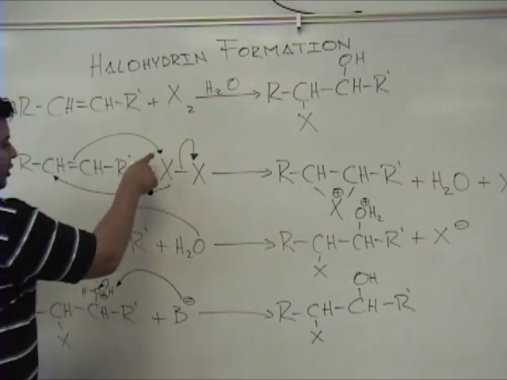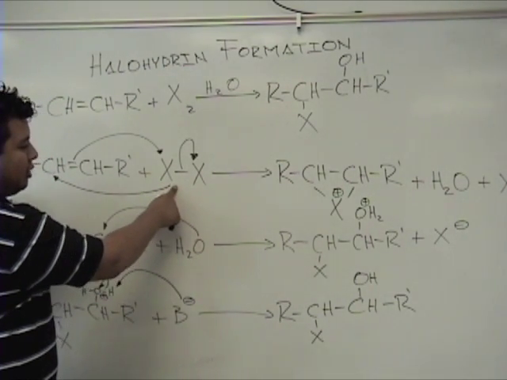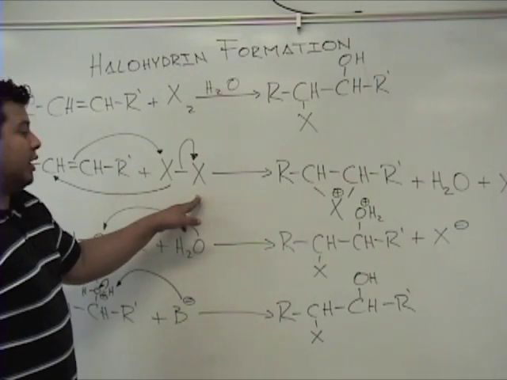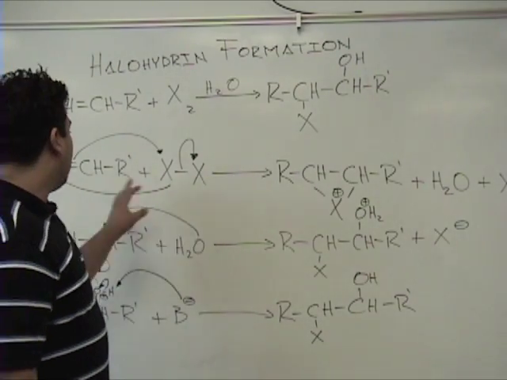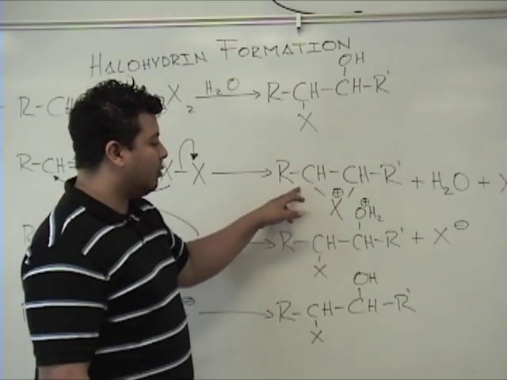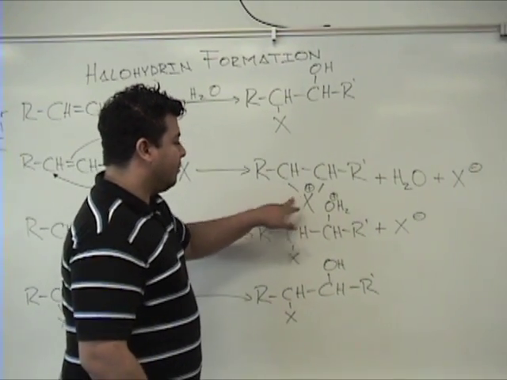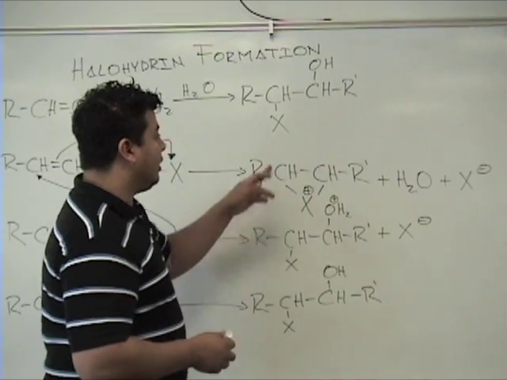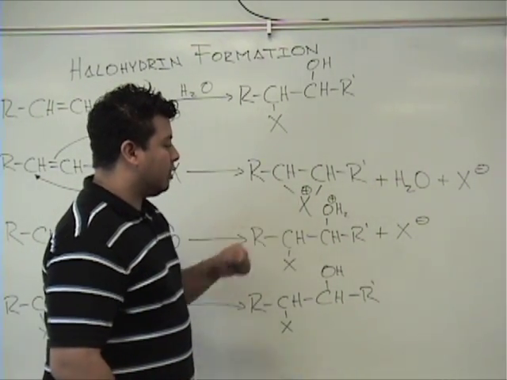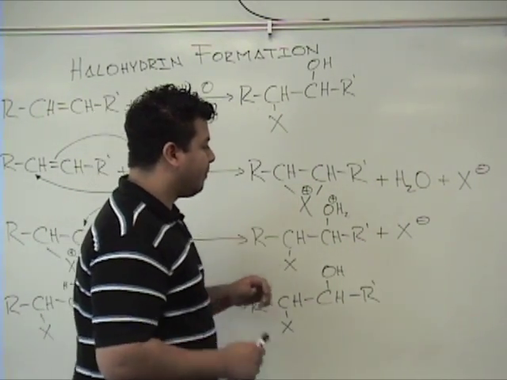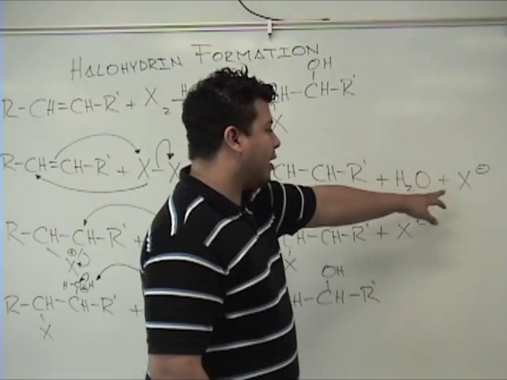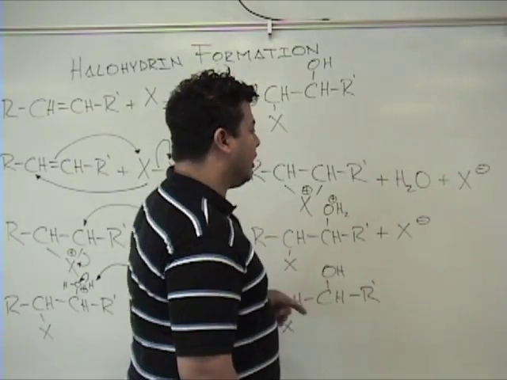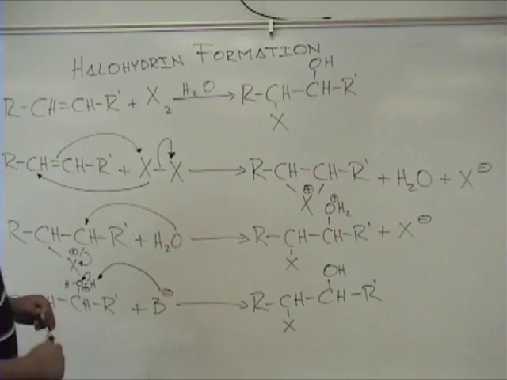The double bond is going to attack the same halogen, and this one's going to leave with the electrons. So when that happens, we're going to get the cyclic structure with the halogen, and we're going to get a plus charge on it. This is going to be plus water, and then this is the X that left with the electrons.